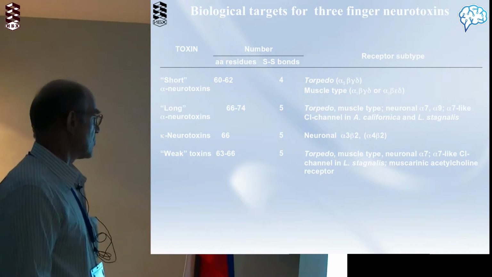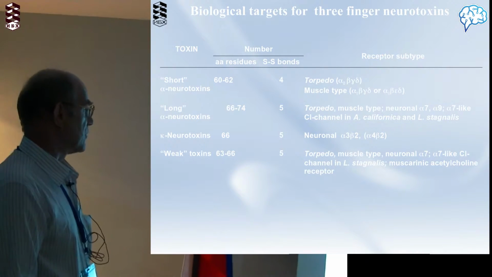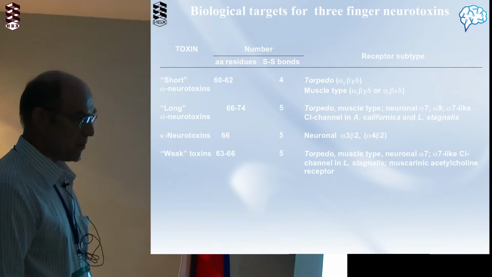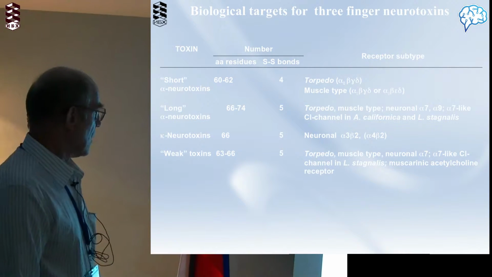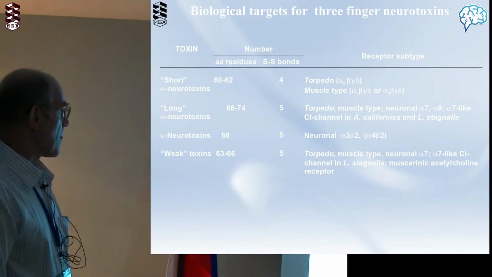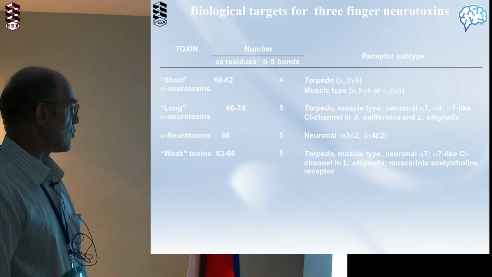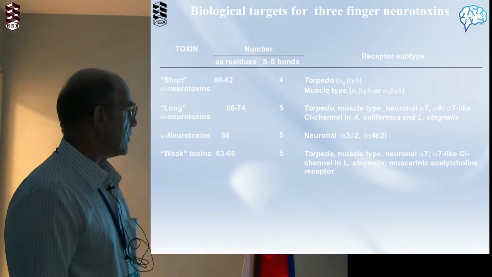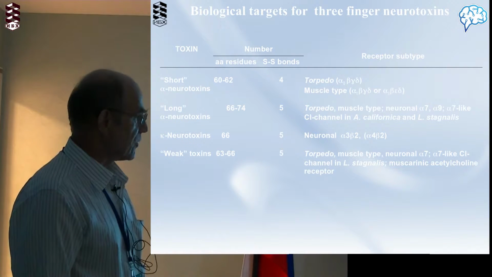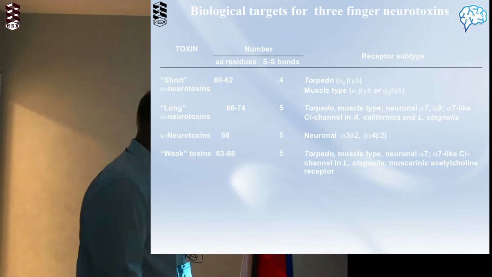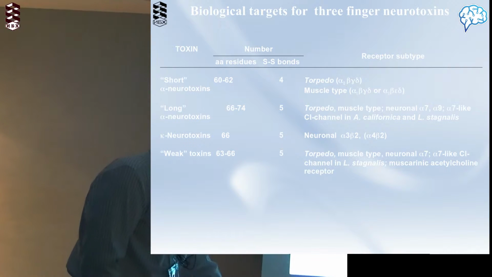So-called kappa neurotoxins interact with neuronal heteromeric receptors, and weak toxins bind to muscle type and neuronal receptors, and in addition to nicotinic acetylcholine receptors, they also interact with muscarinic acetylcholine receptors.